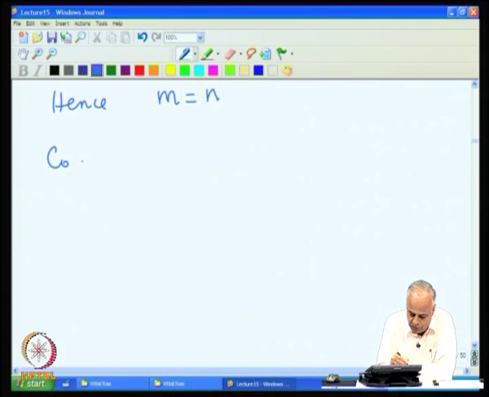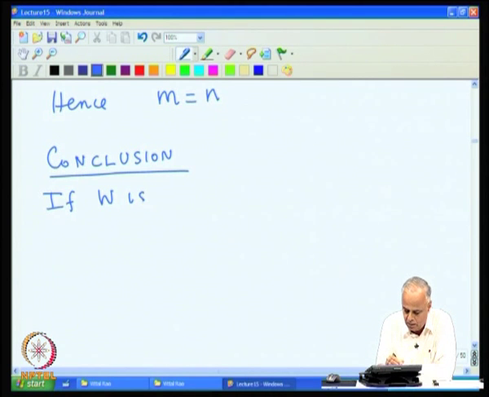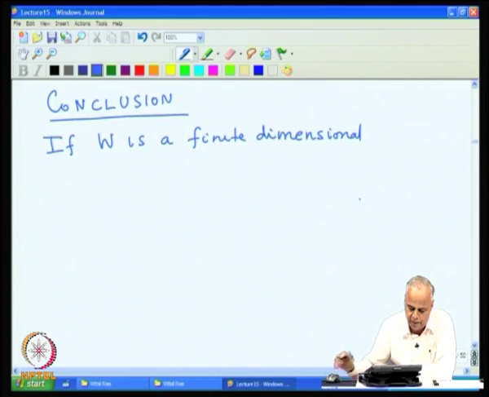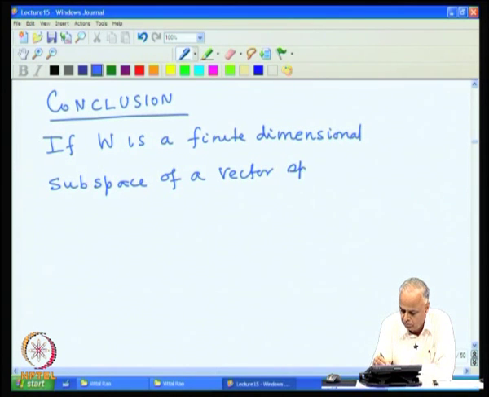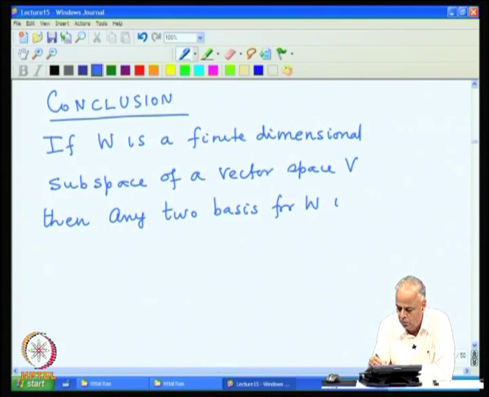So, the main conclusion is, if W is a finite dimensional subspace of a vector space V, then any two bases for W will have the same number of vectors.